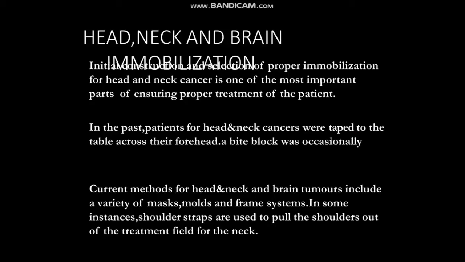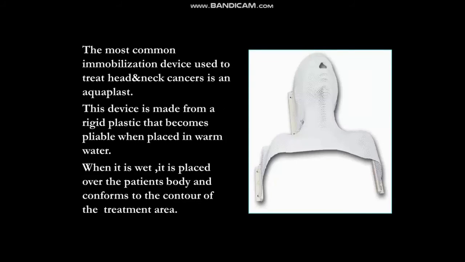A bite block was occasionally used. Current methods for head and neck and brain tumors include a variety of masks, molds, and frame systems. In some instances, shoulder straps are used to pull the shoulders out of the treatment field for the neck. In this picture, you can see an immobilization device for head and neck cancer.